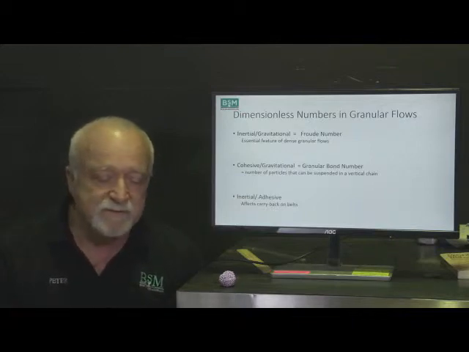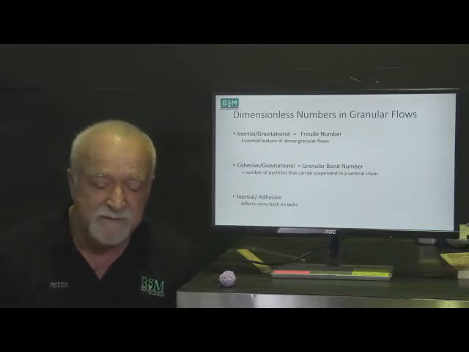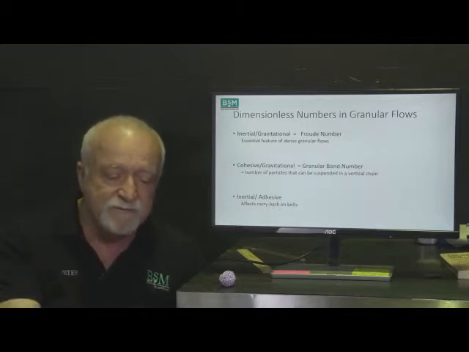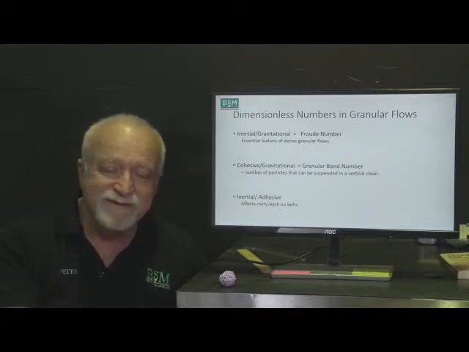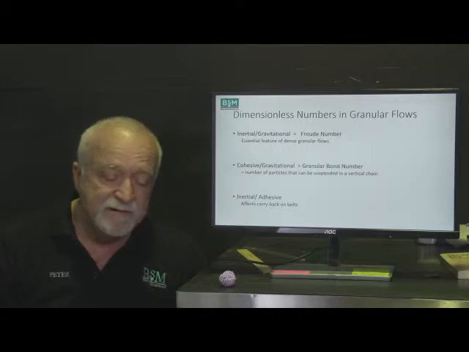But the ratio of the inertial to adhesive forces affects things like carryback on conveyor belts. So we can control the Froude number. We try to run through the range of bond numbers, and in terms of adhesion in the system, there's not a lot we can do.